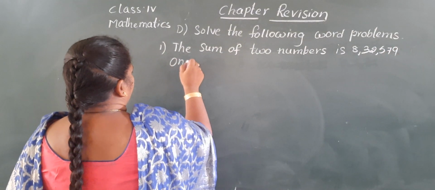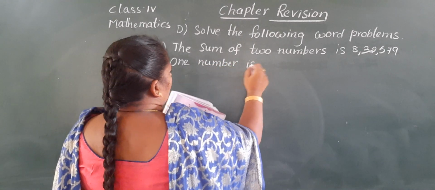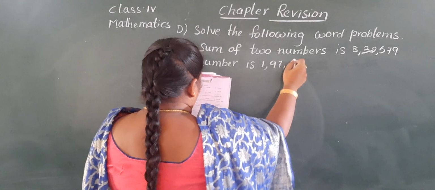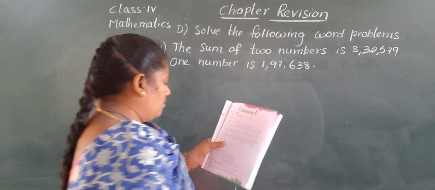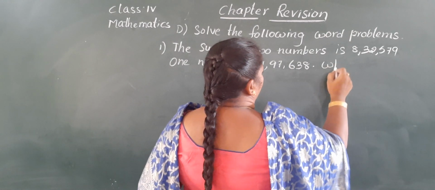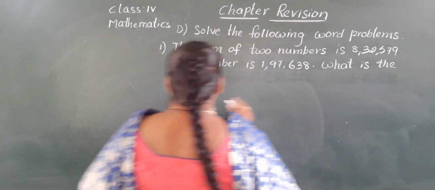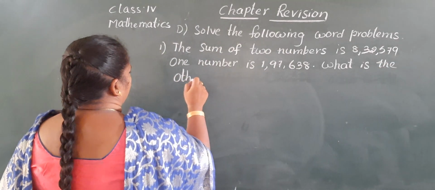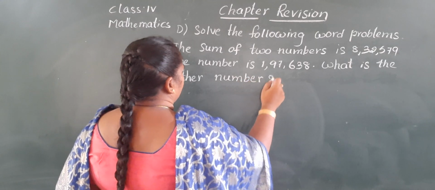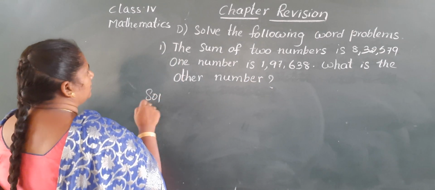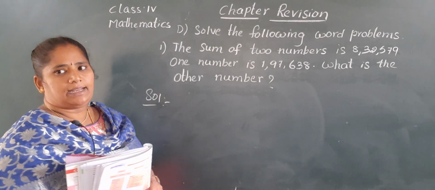One number is 1,97,638. What is the other number? So this is the first problem. Write in your classwork neatly.